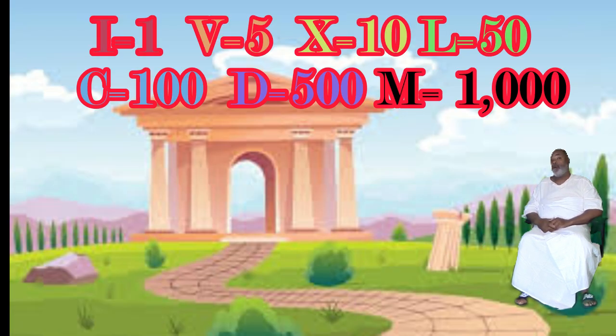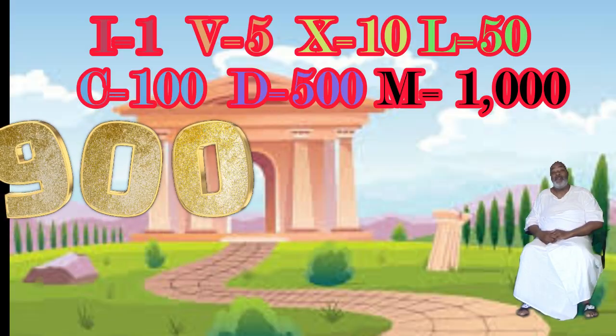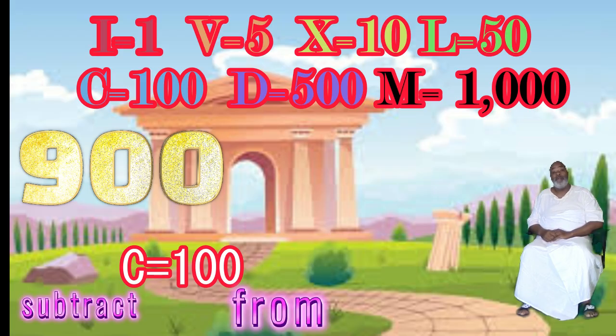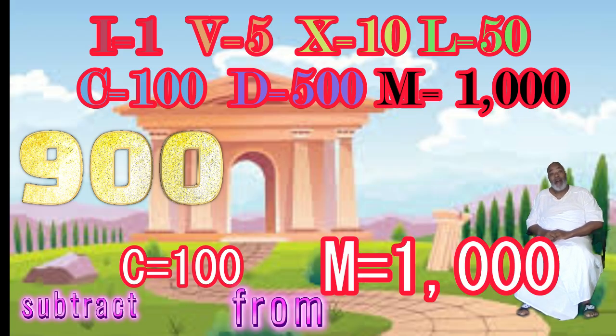Now, one more, 900. 900, the 9 is in the hundreds place. So that means we're going to subtract 100. And so what are we going to subtract 100 from to get 900? That's right, 1,000.